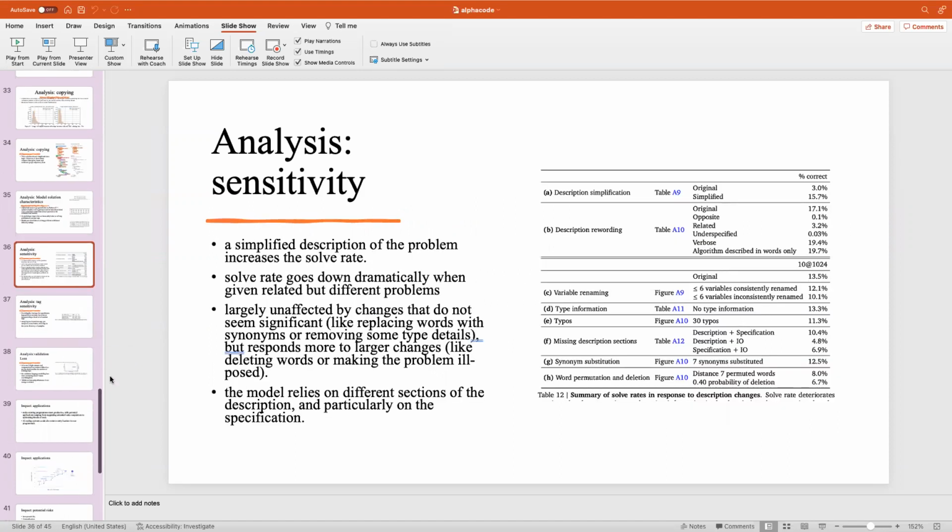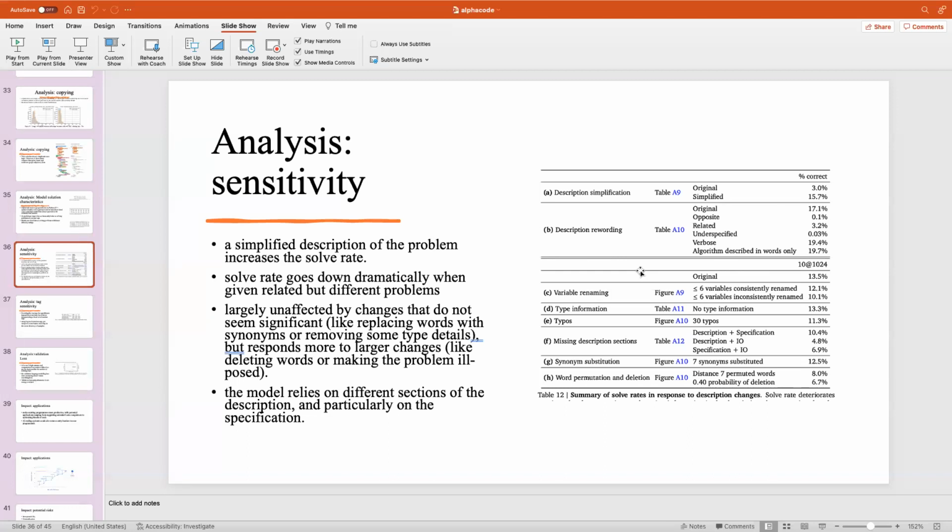And they also analyze the sensitivity. So here they test the outputs of the model, and they try to add different noise to the model and see if the model can still generate the correct solutions.